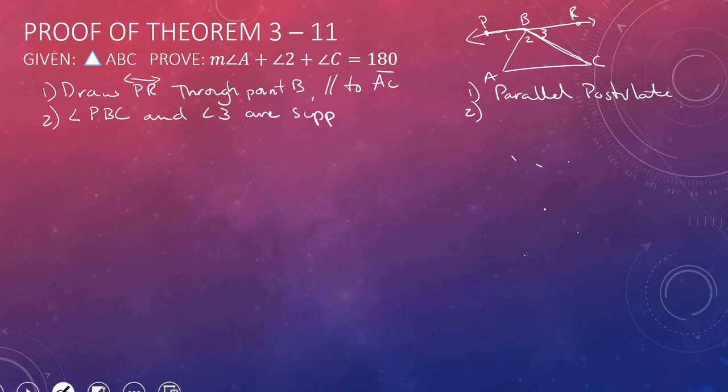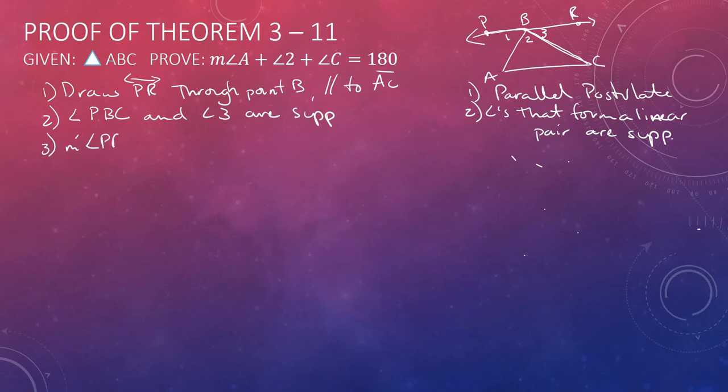And I can do that by the postulate that says that angles that form a linear pair are supplementary. Number 3, I'm going to say that the measure of angle PBC plus the measure of angle 3 equals 180. You probably know what that is now. That's the definition of supplementary angles.